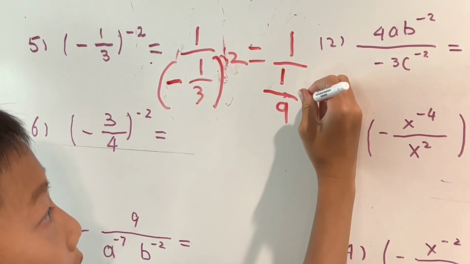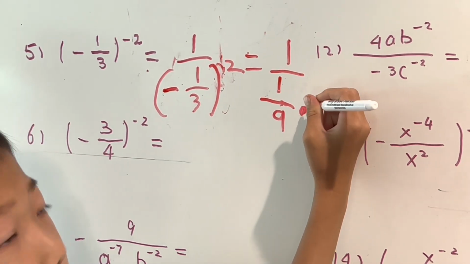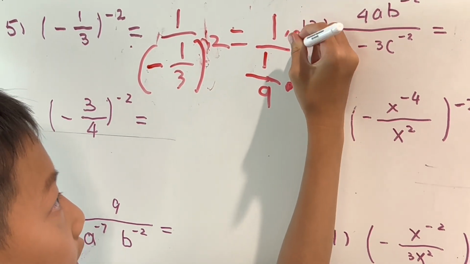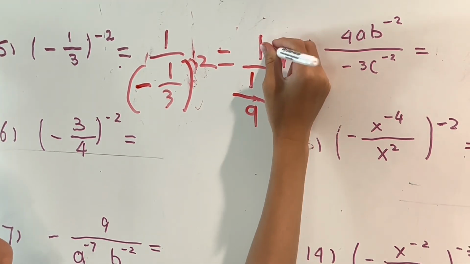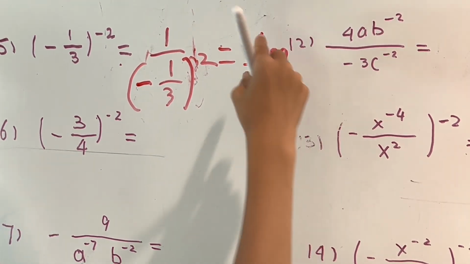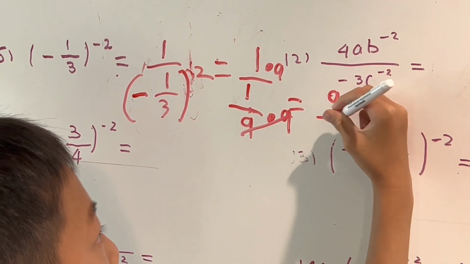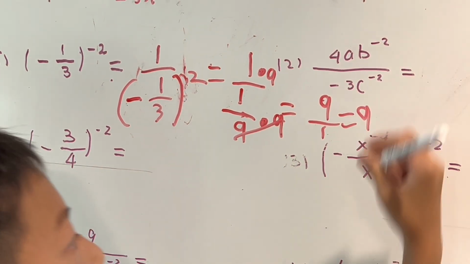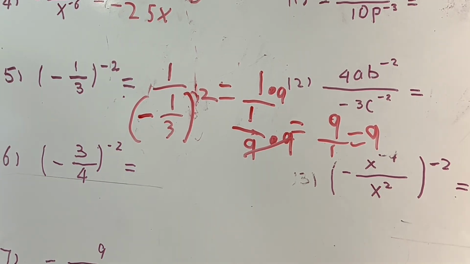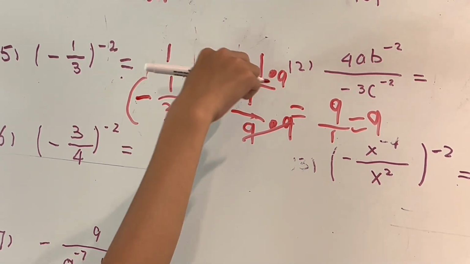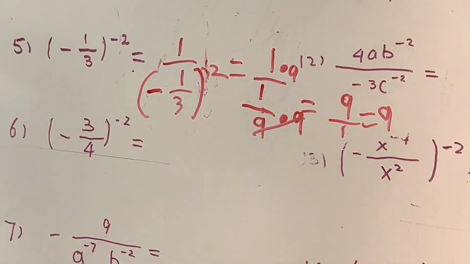So I can multiply both by 9. 9, 9. This is an old trick. Cross, and then equals 9 over 1 equals 9. It's a classic trick that used to be used. So you can do 1 over this, and then do that, and then get that.